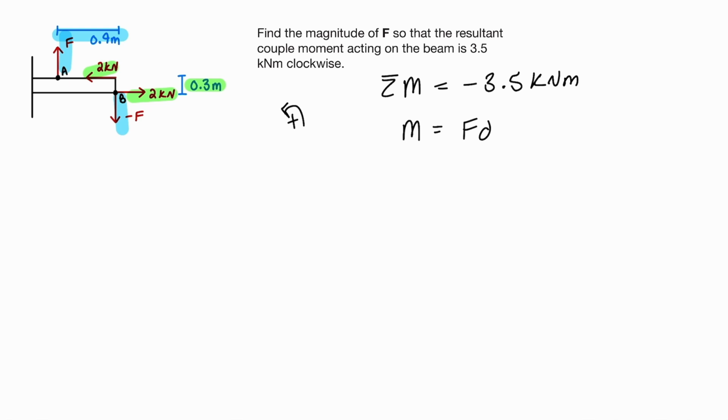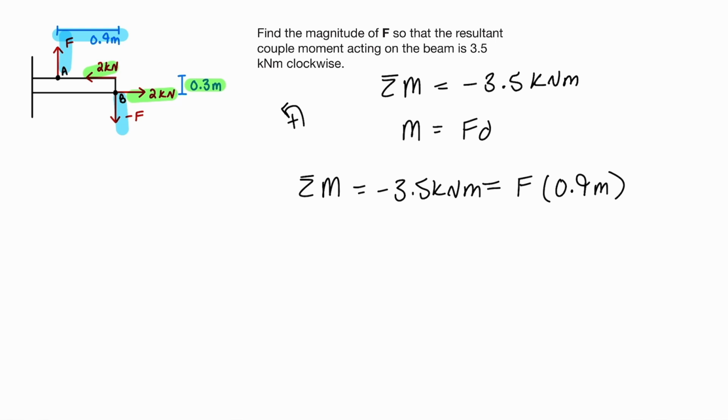And so to solve this problem, we know that the moment will be negative 3.5 kilonewton meters, and that's equal to the sum of moments. So that will be the force multiplied by 0.9 meters, because that's the distance between them.